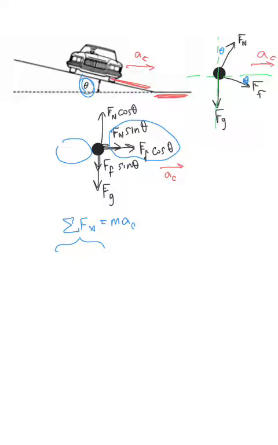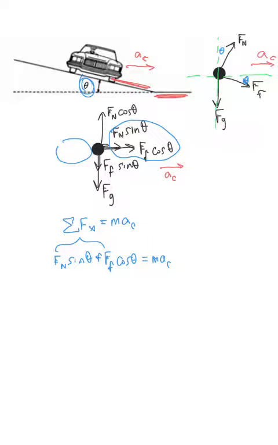So I'm just going to add those two forces together. We have Fn sine theta plus Ff cosine theta is equal to m a_c.